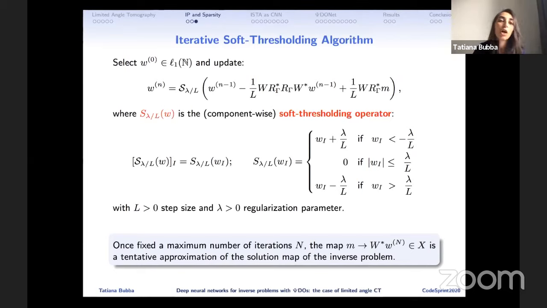So basically, once we fix a maximum number of iterations, the map that goes from the measurements to W star of the approximation of the coefficients at the last iteration is an approximation of the solution map of the inverse problem. This gives an approximation of the U dagger that we would like to recover from our measurements M. So far, nothing really new.